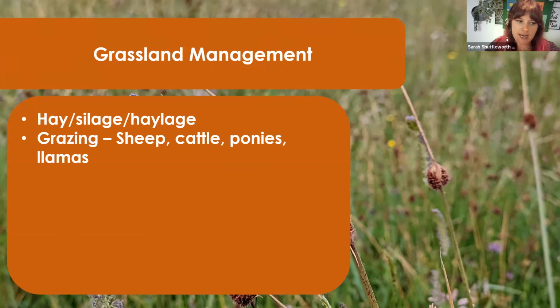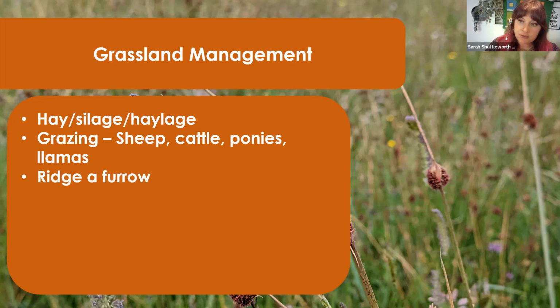It could be being grazed all year round, or just maybe through the winter, which you might not know if it's being managed as a hay crop. That's where having a bit of a conversation with the person who manages it, if you can, can be useful. It could be grazed by sheep, cattle, ponies, and even llamas in some cases. Generally, if it is sheep or ponies, it can sometimes be grazed quite intensively, right down, and it can be tricky to identify species.